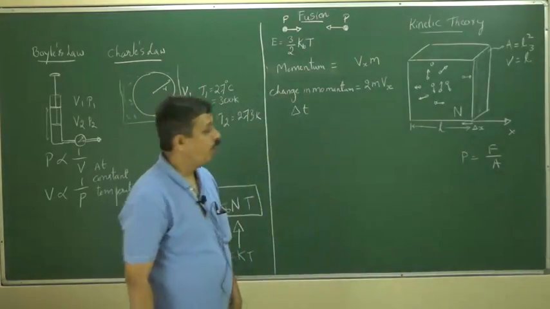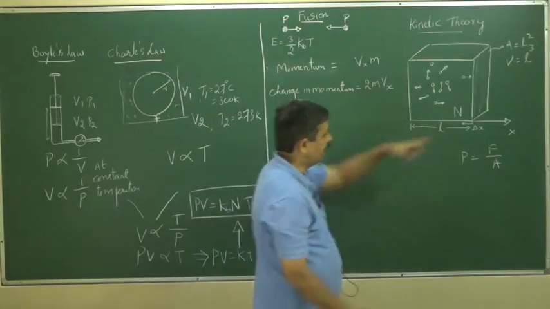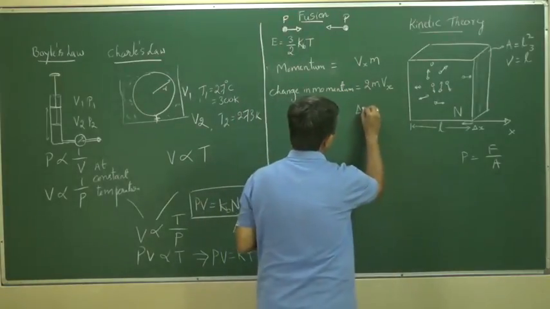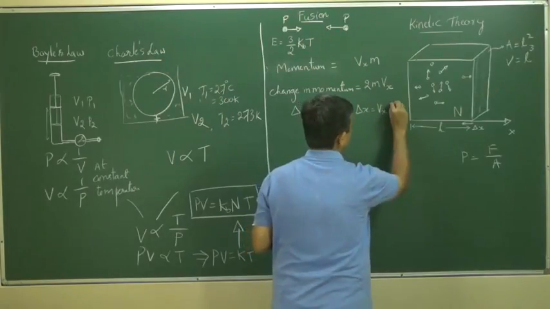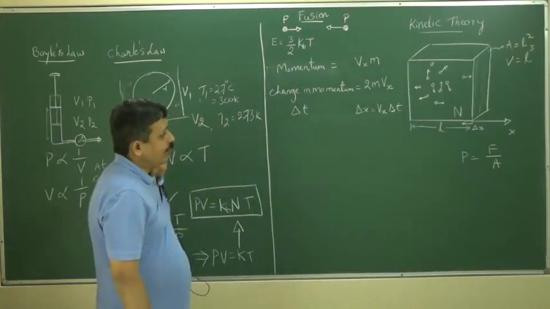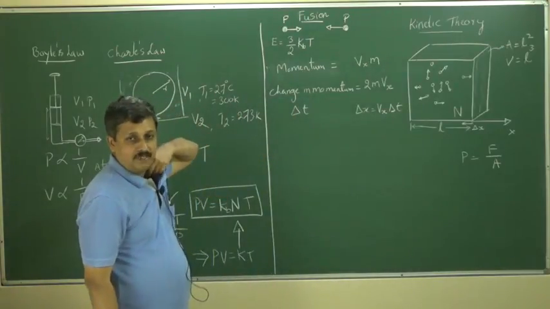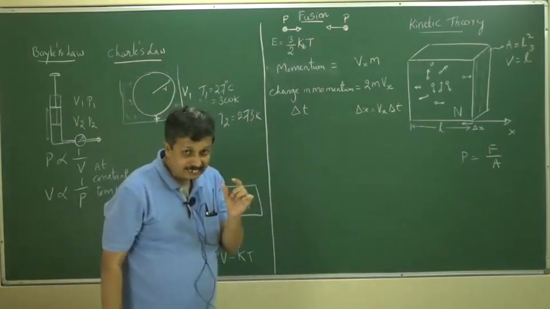If the velocity is Vx, this delta x definitely will be equal to Vx into delta t. Distance is equal to velocity into time. So we got Vx into delta t. That is actually the distance.